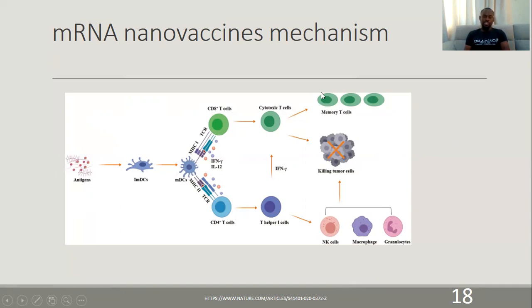These memory T cells hold and memorize the antigens. So should there be a reinfection of the same kind of cancer, these will activate the immune system and elicit a very strong immune response against the cancer cells.